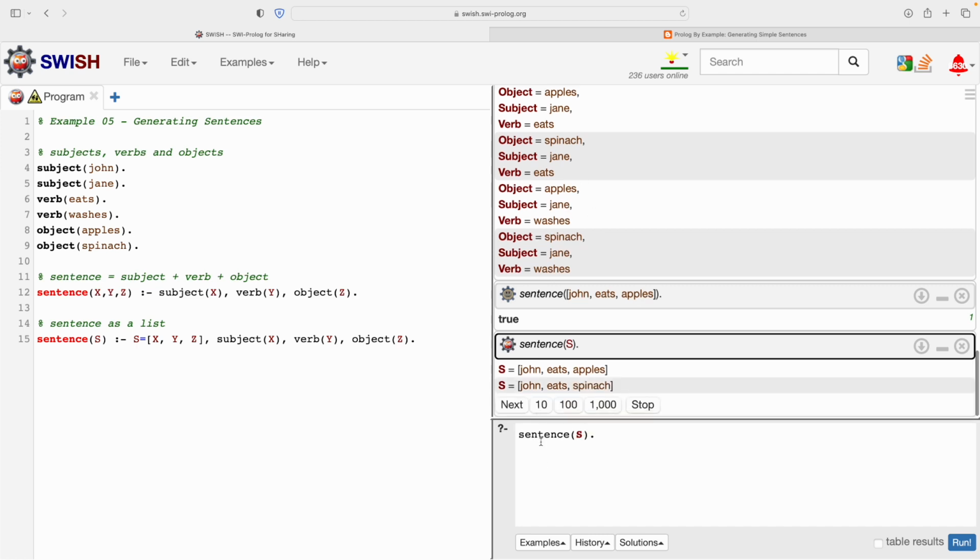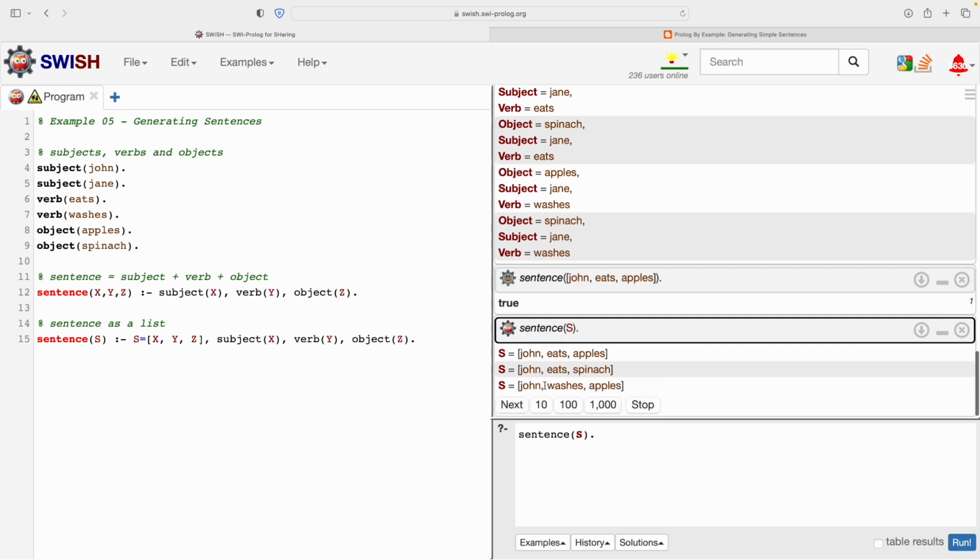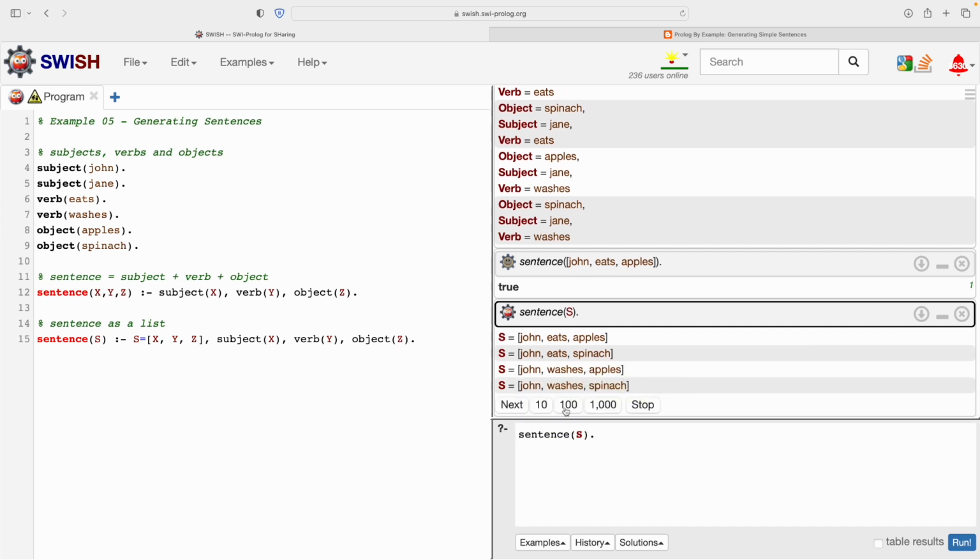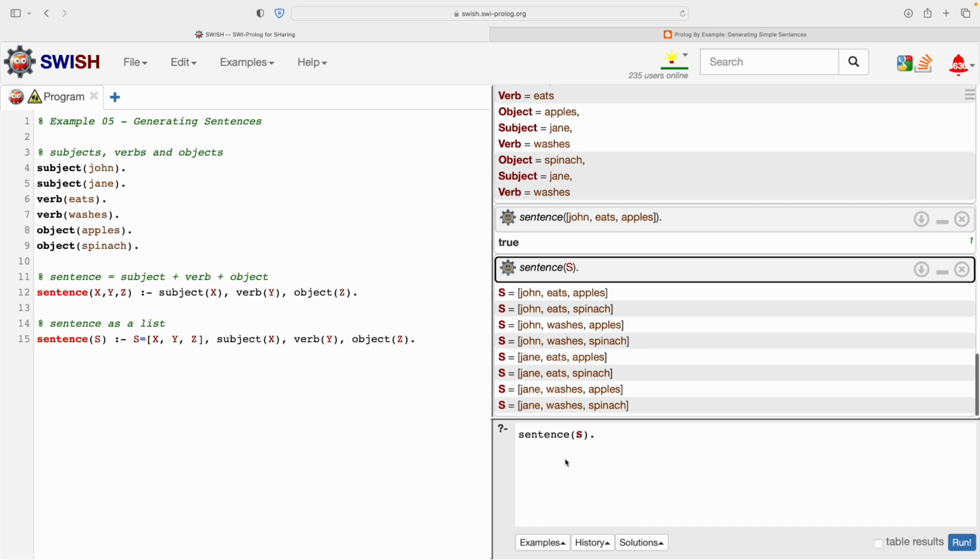Let's go next. John eats spinach. John washes apples. John washes spinach. And all of them. So there's 8 there. So that's much easier to read. Fantastic. If you really wanted to print out sentences without the commas and the square brackets, we can find ways to do that. But that takes us away from learning the key concepts about Prolog, like lists and unification.